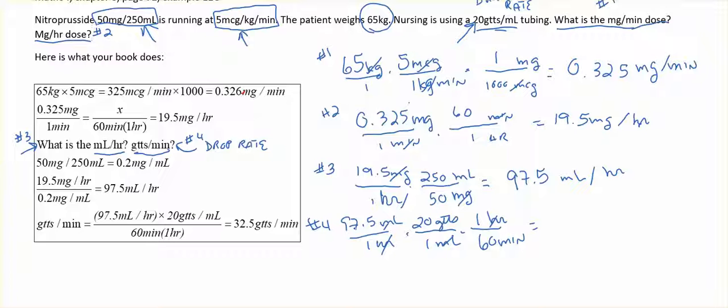Okay, 97.5 times 20, and I'm going to divide that by 60, and I end up with 32.5 GTTS per minute. Because the hours dropped out, the milliliters dropped out, GTTS right there per minute. And there you have it. I know it was a really long explanation. I'm still getting used to doing this, so that's my best shot.